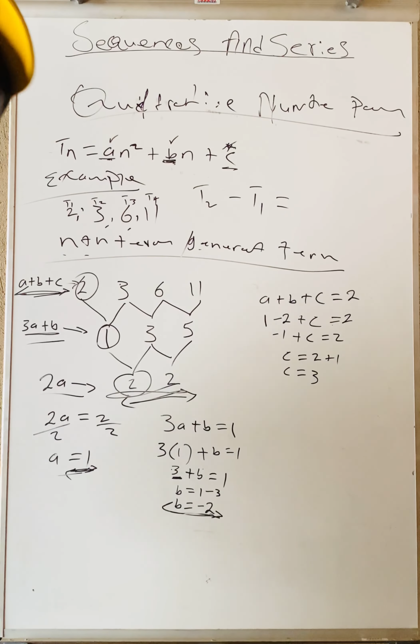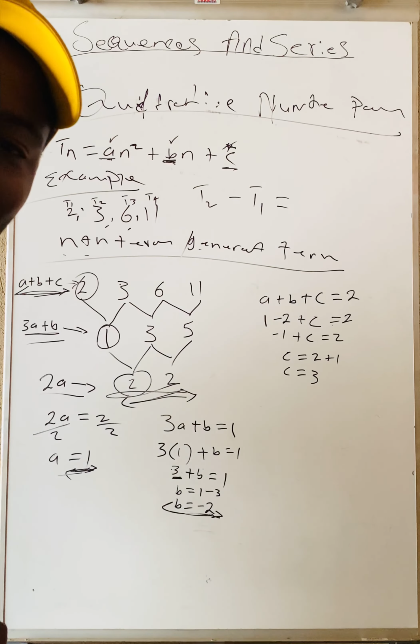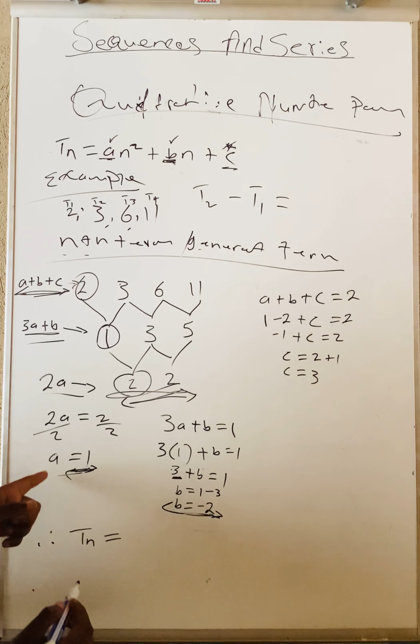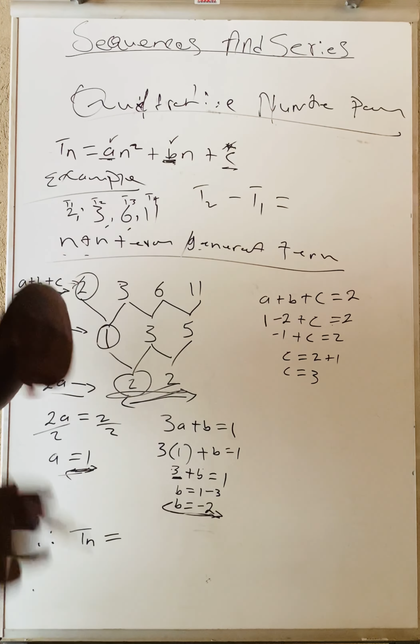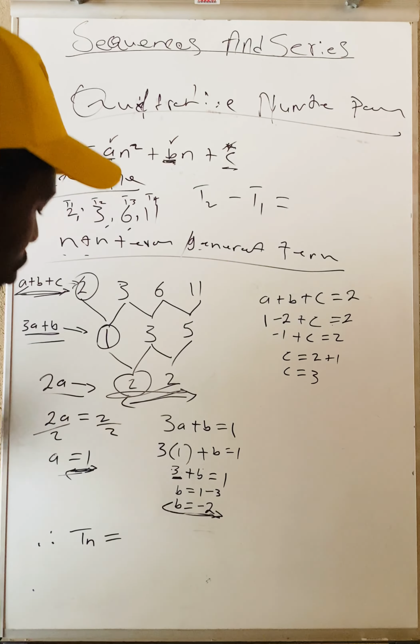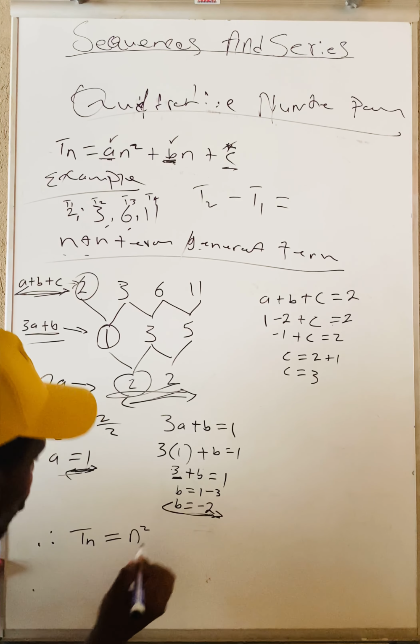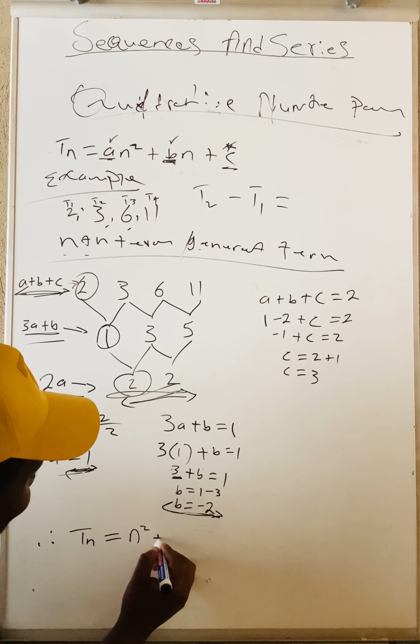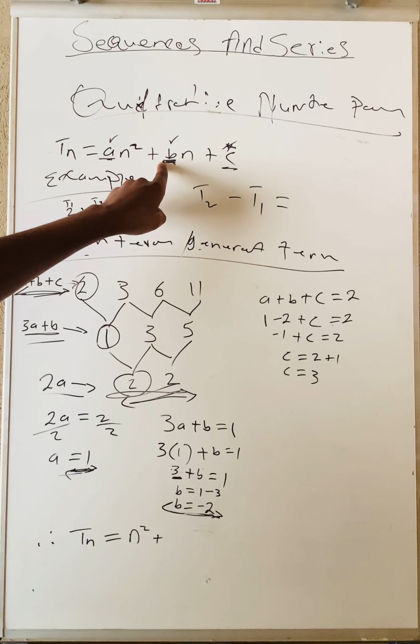Therefore, our general term is Tn is equals to, when it's 1, you just write 1. It is equals to n squared plus, what is our B?